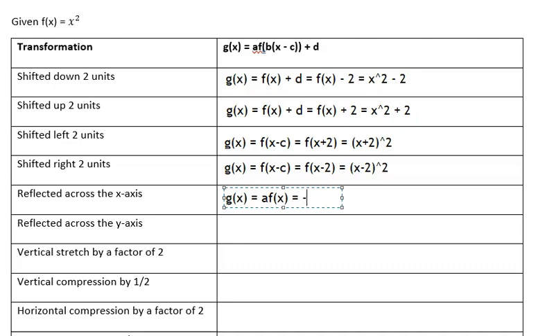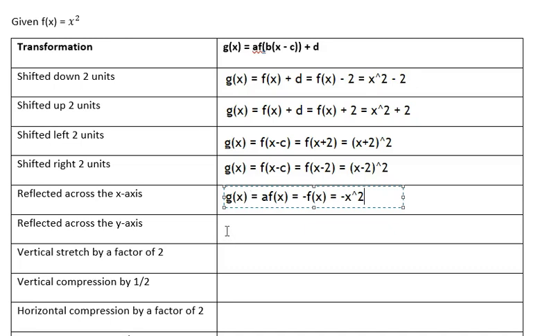So we have negative f of x, just to reflect across the x-axis, which would be negative x squared. And if you think about it, based on what we learned about symmetry, that makes sense. When you want to reflect something across the x-axis, you multiply the y value by a negative.